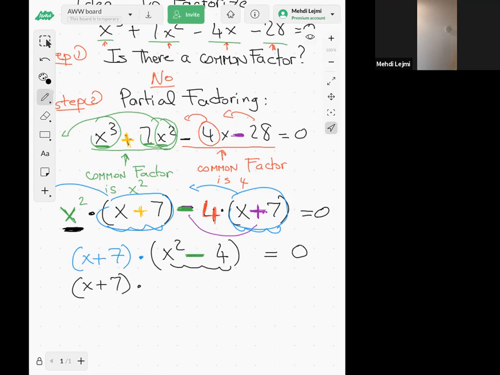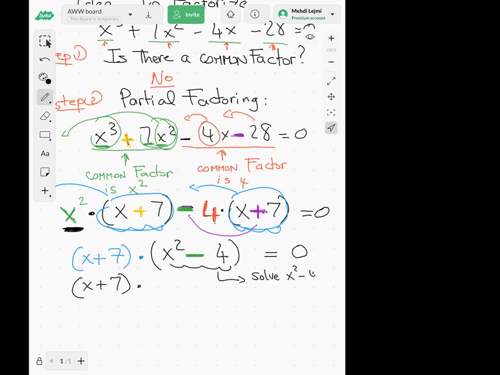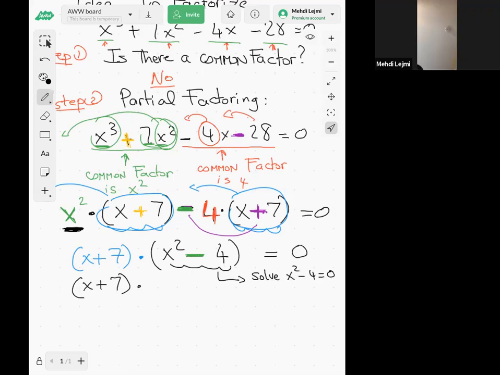Well, it's just a quadratic function, right? So you can try to use the quadratic formula, for example. If you solve x squared minus 4 equal to 0, you can use the quadratic formula, or you can just try to solve this directly.